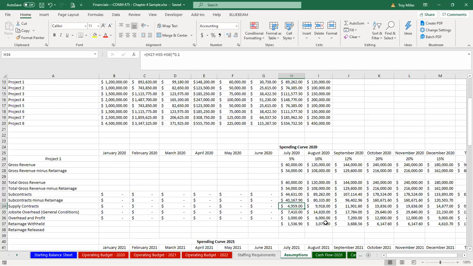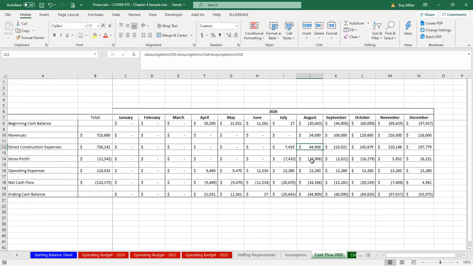And so on that supply contract, I end up as the contractor having to cash flow that. So that is in essence where the 64,906 comes in: direct costs, just under 10,000 of general conditions, what I'm paying for the month of July to my subcontractors less retainage, and then all of the contract value amount for my supply contracts.